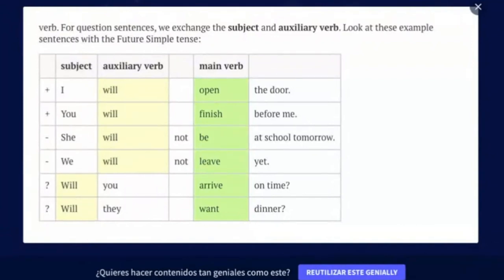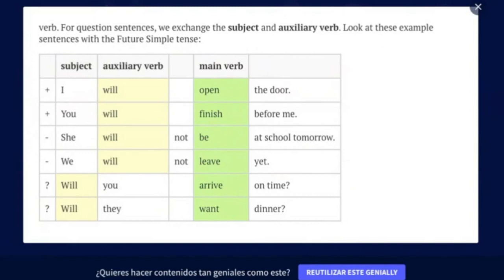La estructura negativa dice que es sujeto más will not más el verbo principal más el complemento. Ahora, podemos utilizar will not o podemos utilizar won't, como se los escribí en el chat de la llamada. Ambas son correctas. Podemos utilizar el que nosotros querramos con el que nos sintamos más a gusto. Es correcto.